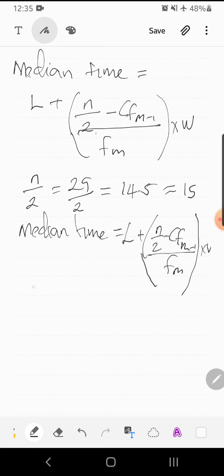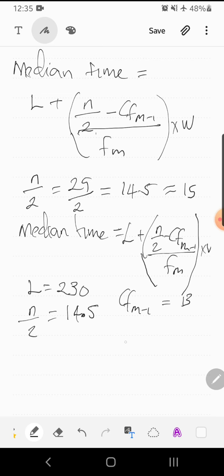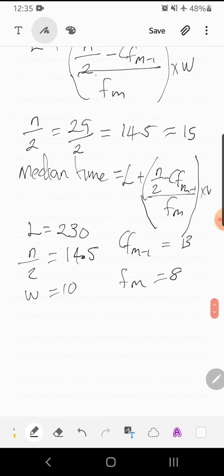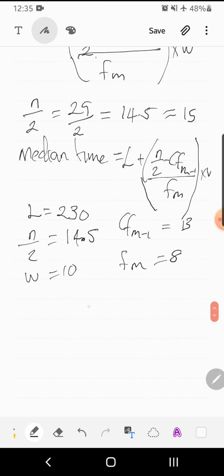Let's just put our terms. L is 230, n over 2 is equal to 14.5. Use the value that you originally found and not the approximated value. Then the cumulative frequency before the median class is 13. The frequency of the median class is 8. And the class width is 10. So now we can have our median.